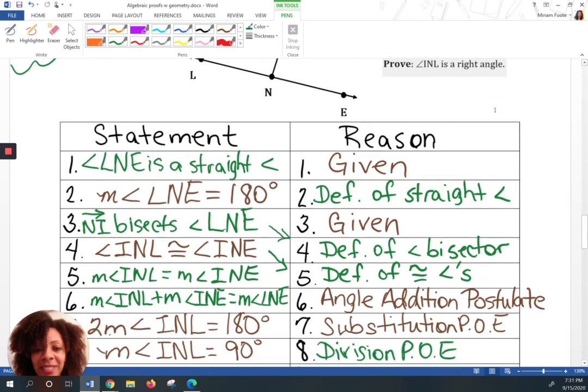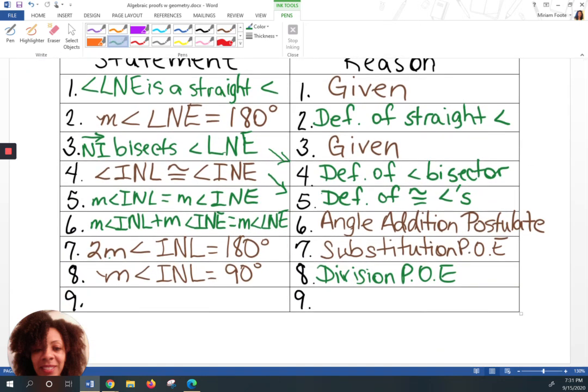So angle INL is a right angle. Well, why is that true? Again, if you look above at the statement here, it's telling you that the measure of an angle is equal to 90 degrees. So I'm proving that it is a right angle. Well, why is that true? Because of the definition of a right angle.